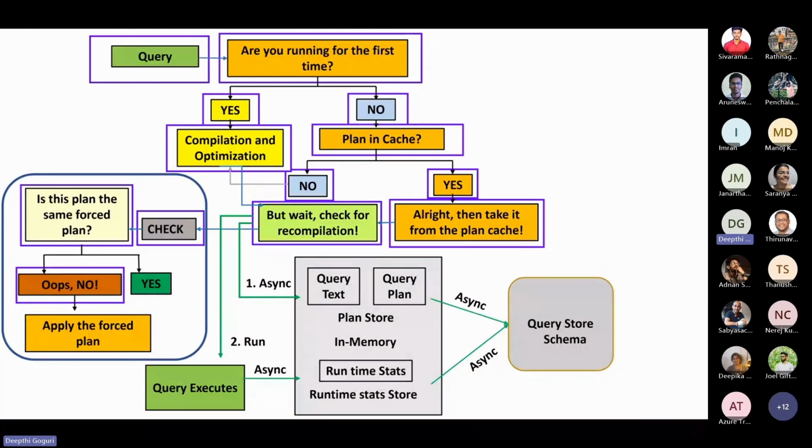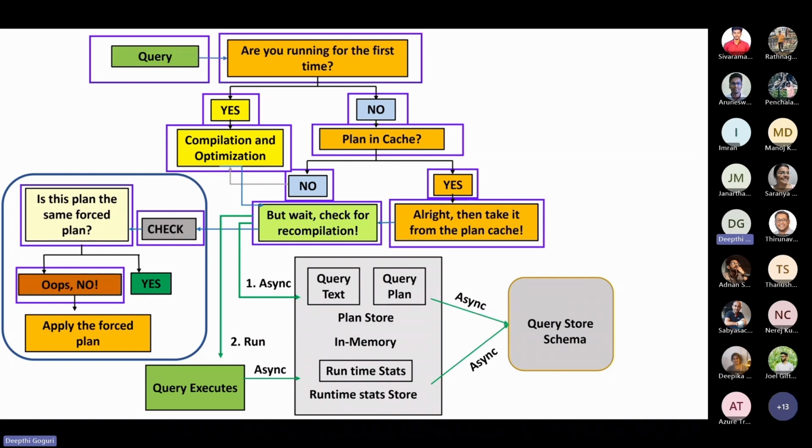Now, what will happen if you modify the objects which are used in that forced plan? SQL Server will get confused. Let's say an index which is used in the forced plan is dropped. Now the engine cannot find the index being used in that forced plan, so it will think, huh, in this particular forced plan I don't see if I can use it because the objects are missing within it.